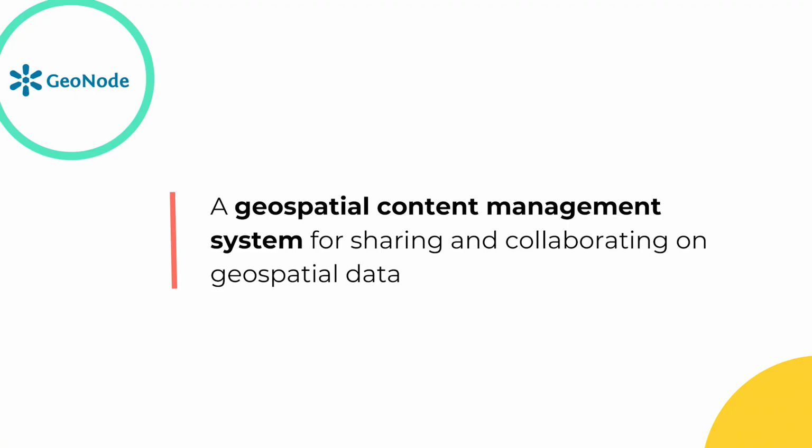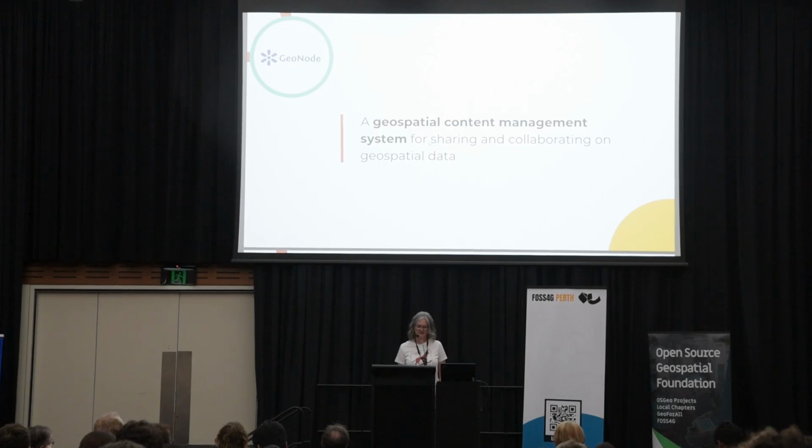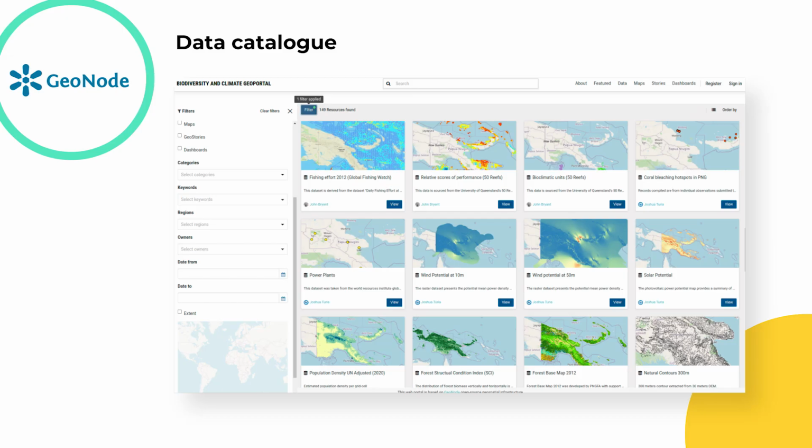GeoNode is a geospatial content management system for sharing and collaborating on geospatial data, and it's ideal for organizations that need a centralized data management system and web mapping. One of its key features is its data catalog. Effectively, users can upload data directly into GeoNode.